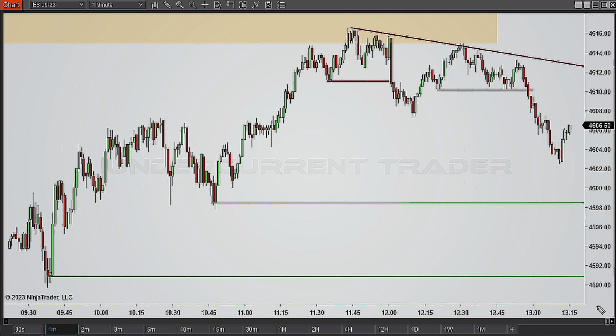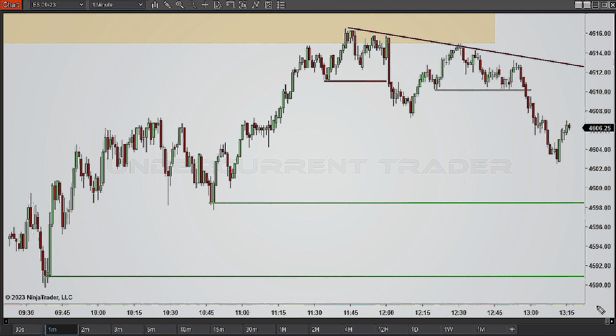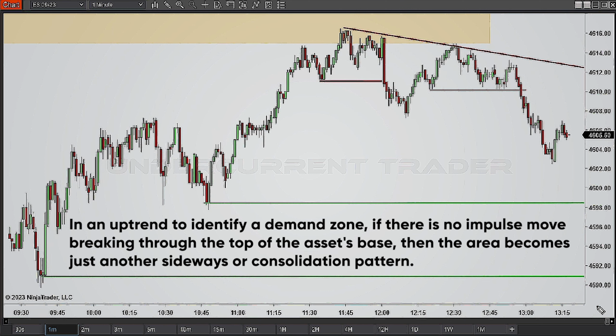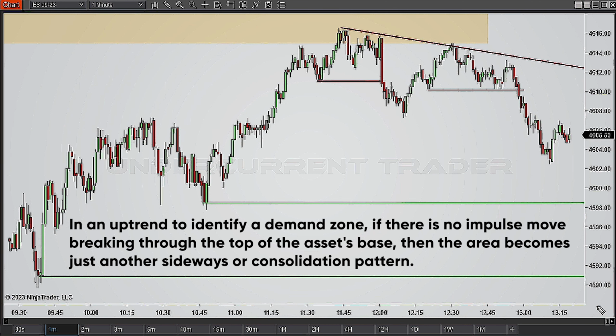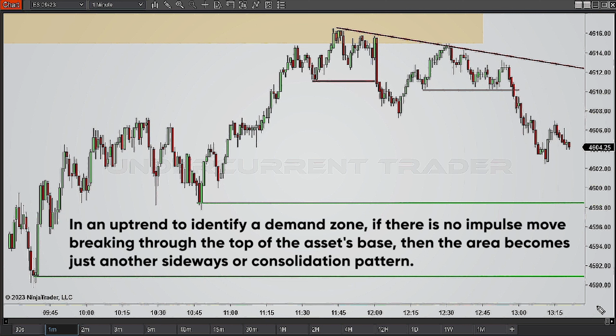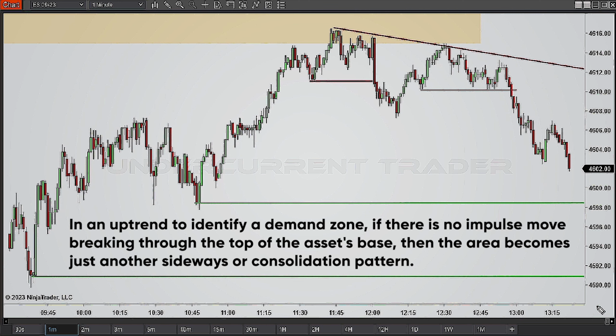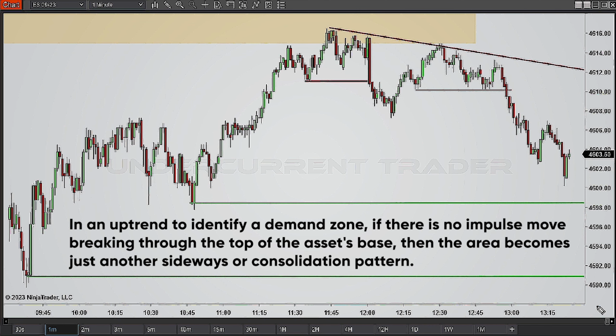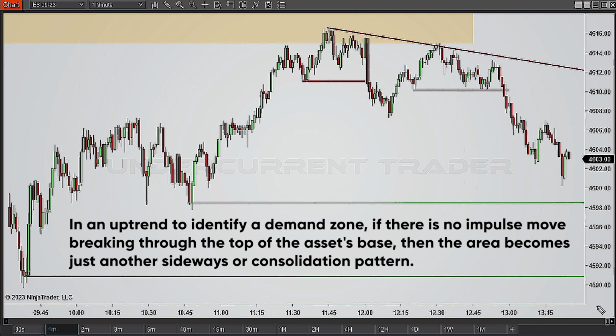Again here, the main point of this tutorial, guys, is for you to understand that when trying to identify a demand zone in an uptrend, if there is no impulse move breaking through the top of the asset's base, which marks the first leg of a trending structure, then the area becomes just another sideways or consolidation pattern, but certainly not a demand zone.